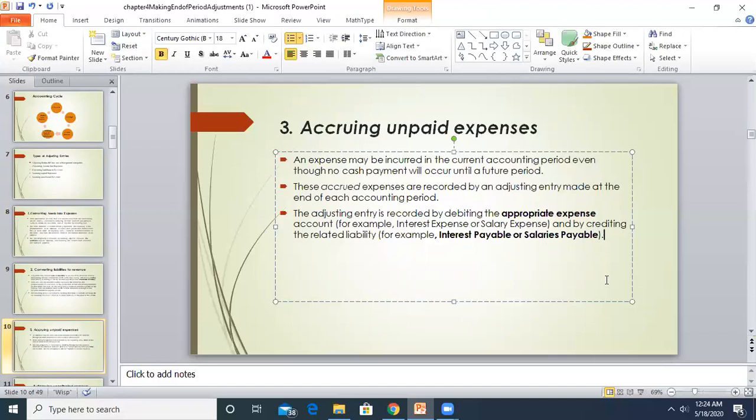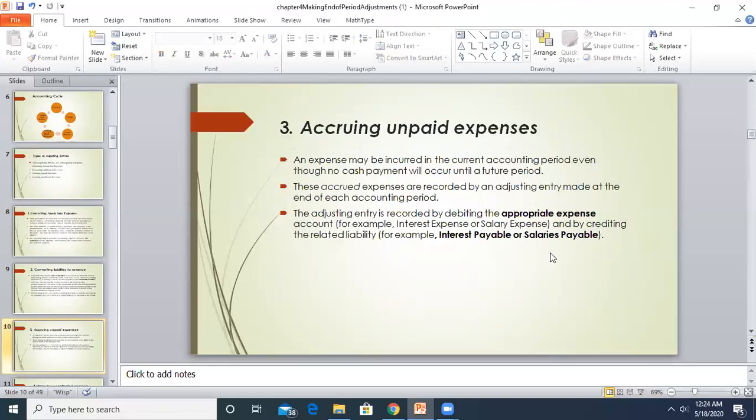So you record the expense by debiting the expense account, and at the same time you credit interest payable or salaries payable. So you are actually accruing the unpaid expenses.